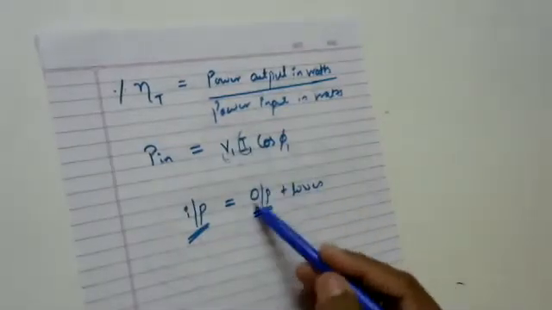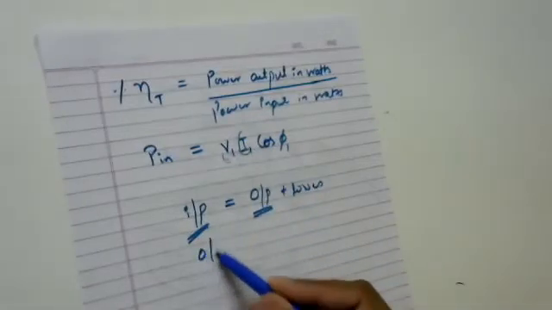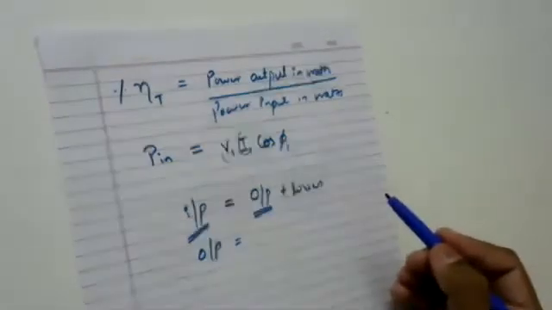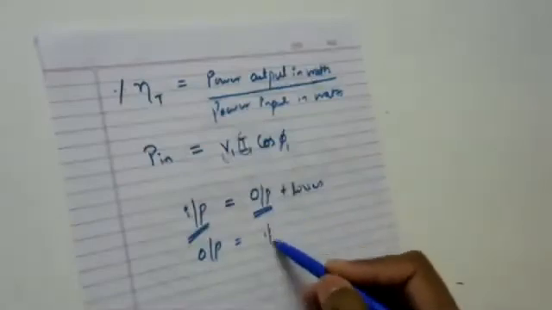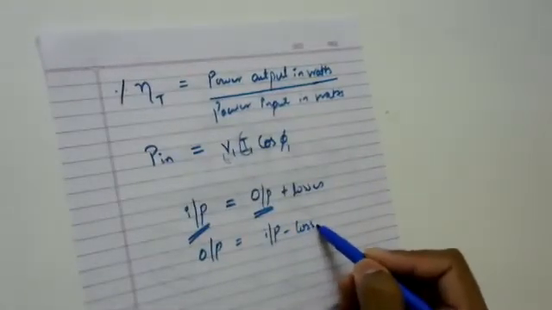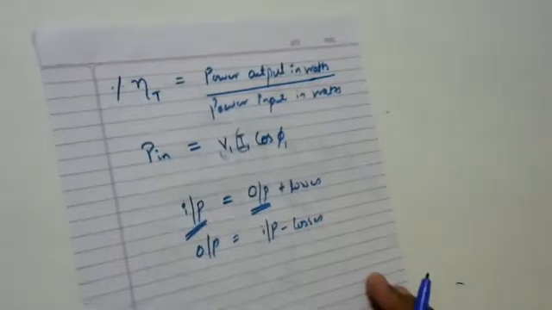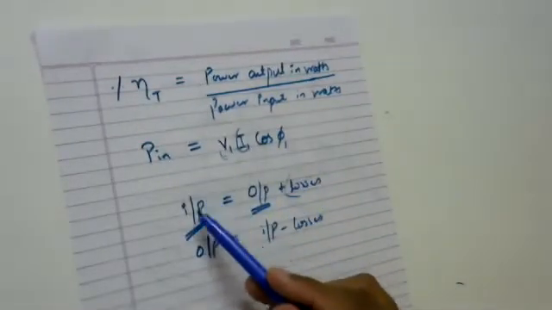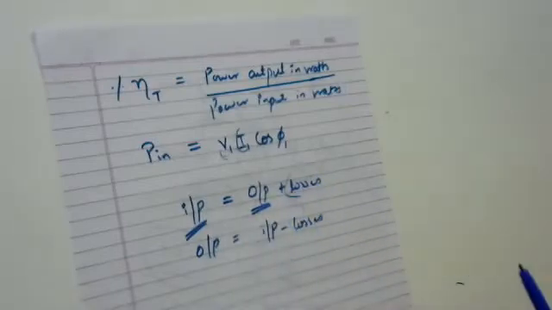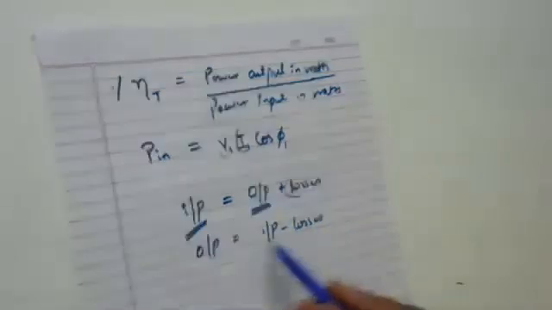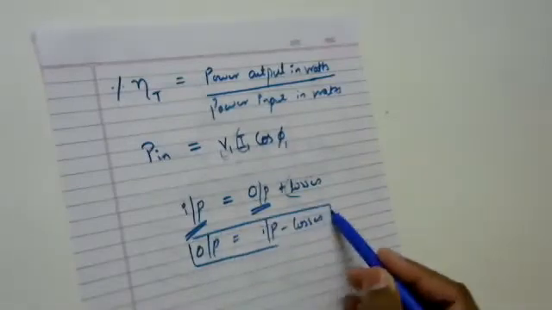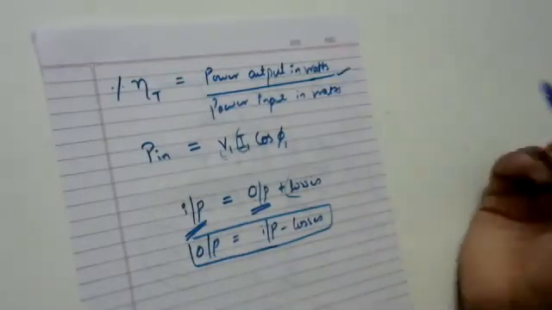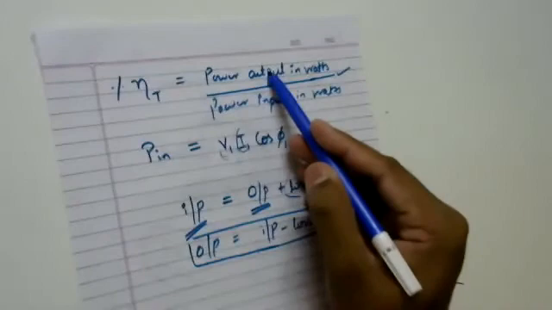Then how best can I write my output equation? I can write the output as input minus losses. I'm just taking this term from the RHS to the LHS. Input minus losses is equal to the output. I'll use this equation to define P out.